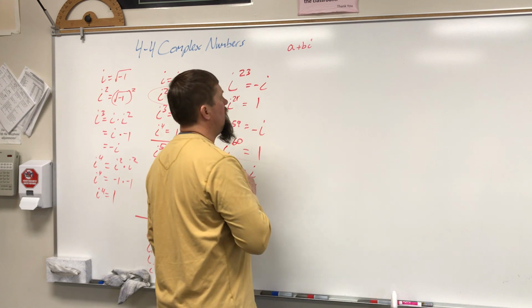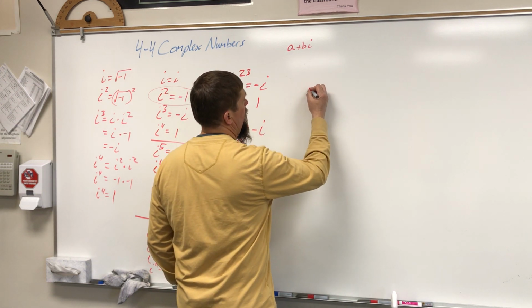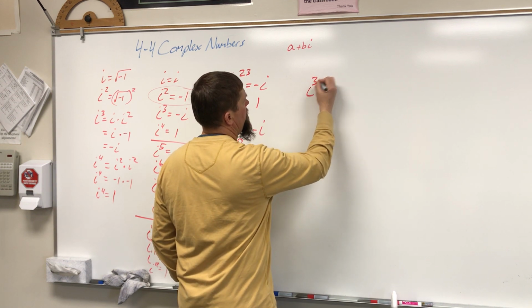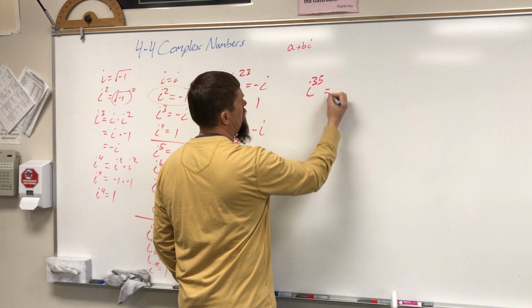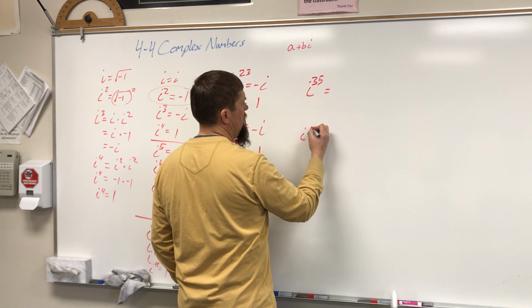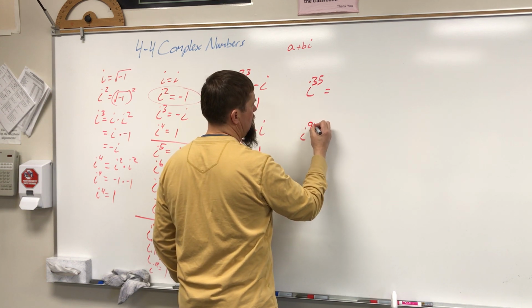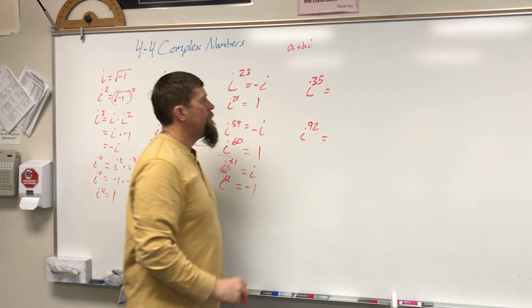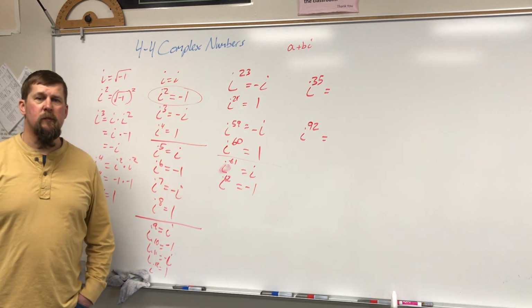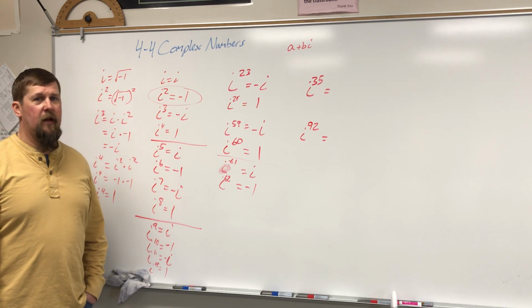Okay, so let me just think up a couple. What is i to the 35th? What is i to the 92nd? Okay, pause your video, get that done, and let's see what you get.